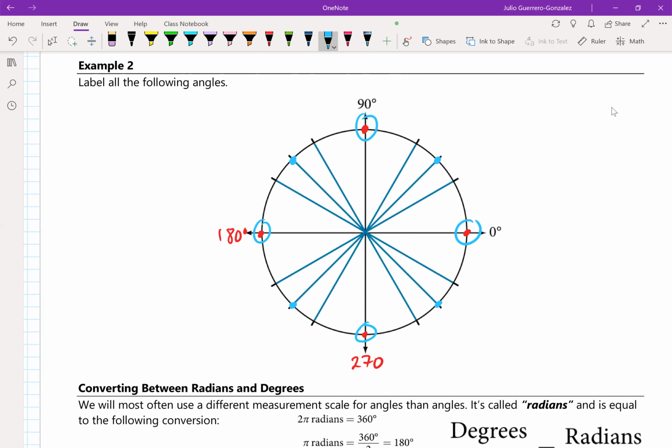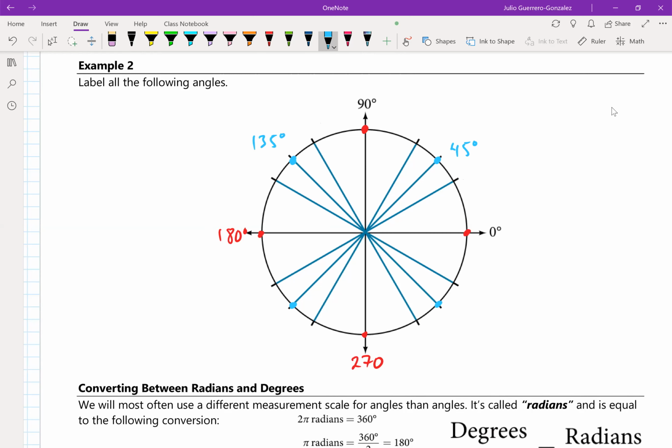They're exactly smack dab in the middle, which makes this one 45 degrees. When you add the same thing over here, we need something between 90 and 180. That's 135 degrees.